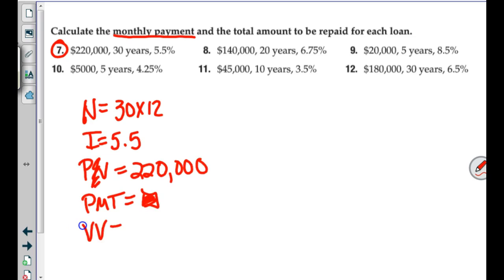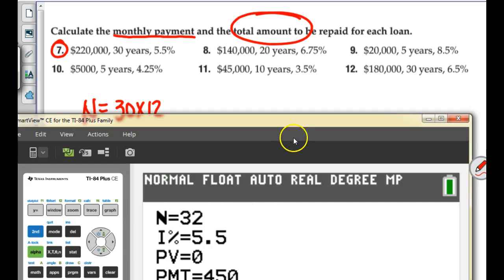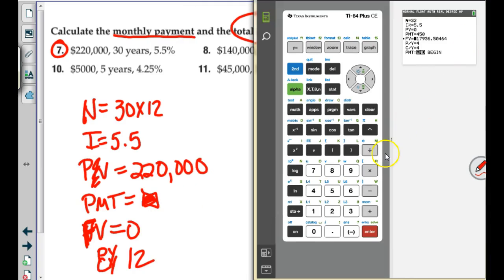The future value at the end of your loan, guys, it should be 0. And the other two are 12 and 12. Okay? And then once you had the payment, what would you do to find the total cost? Yes. So if I do this one, 30 times 12.